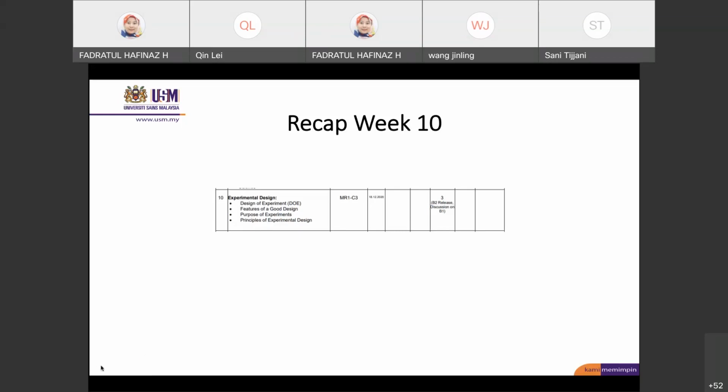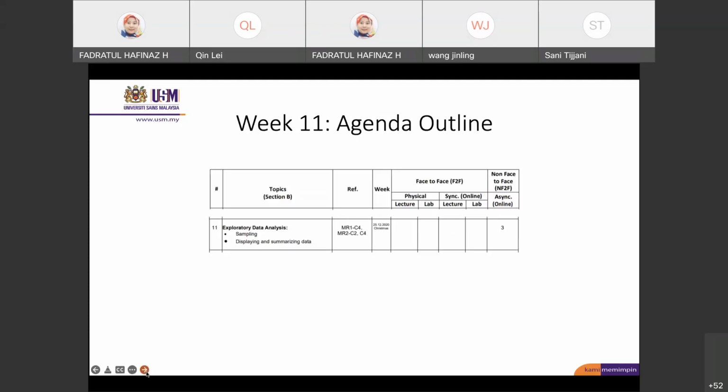Okay, so for this week, we're going to cover EDA, exploratory data analysis, which has two subtopics: sampling, and how you are going to display and summarize your data.